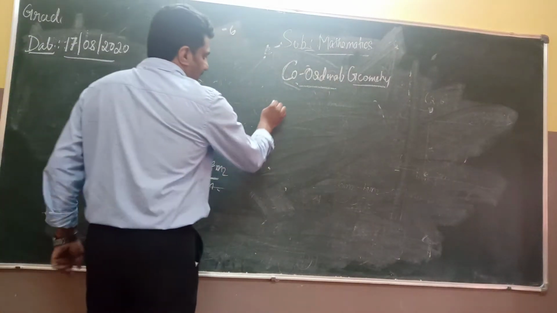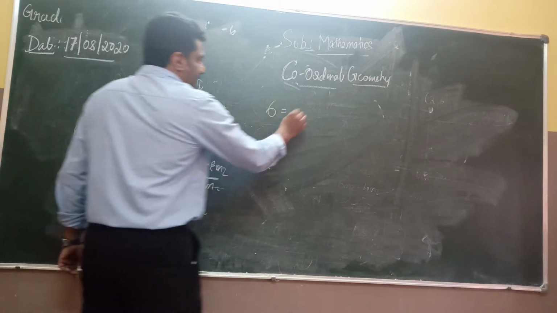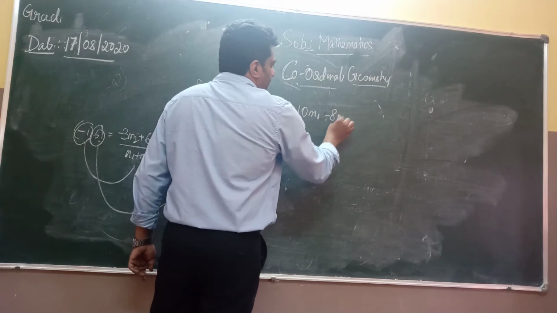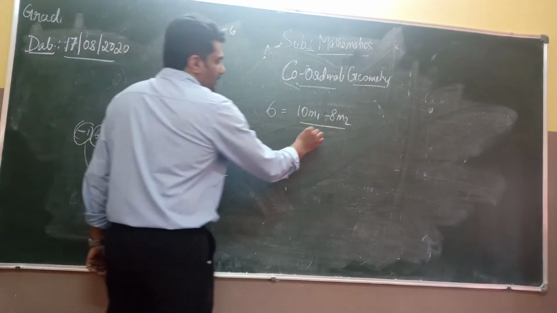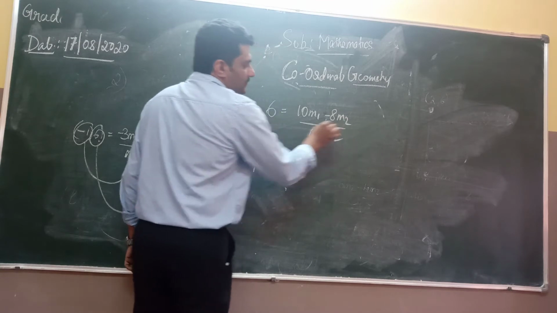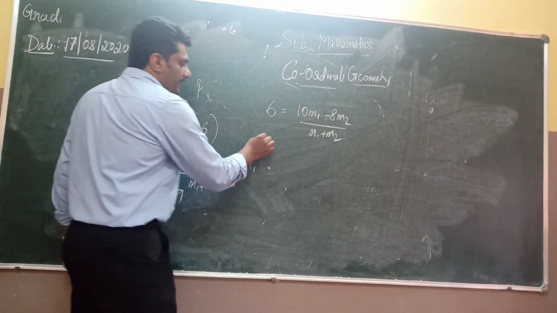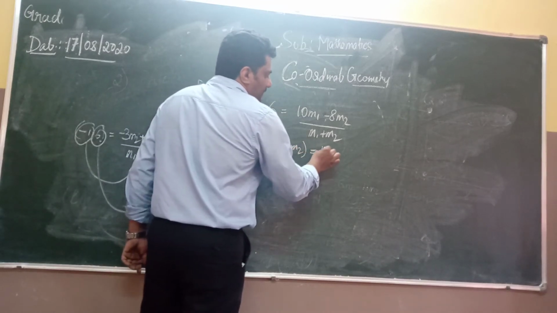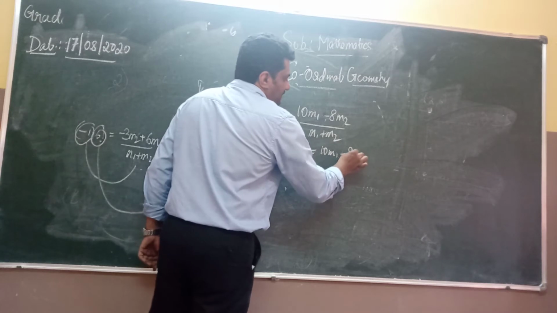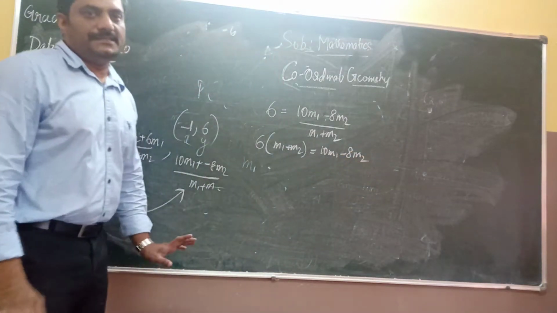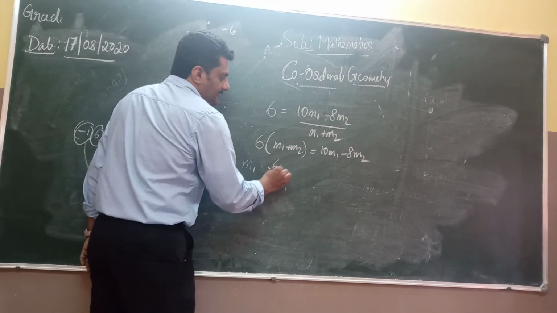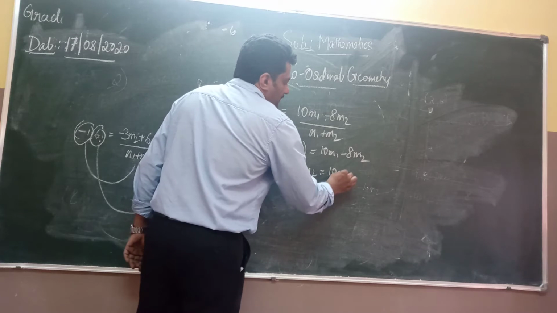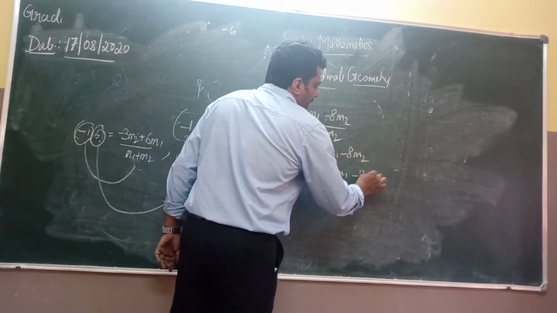Now 6 is equal to (10 m2 minus 8 m1) divided by (m1 plus m2). Do a cross multiplication. You get 6 bracket m1 plus m2 is equal to 10 m2 minus 8 m1. Done. 6 m1 plus 6 m2 is equal to 10 m2 minus 8 m1.